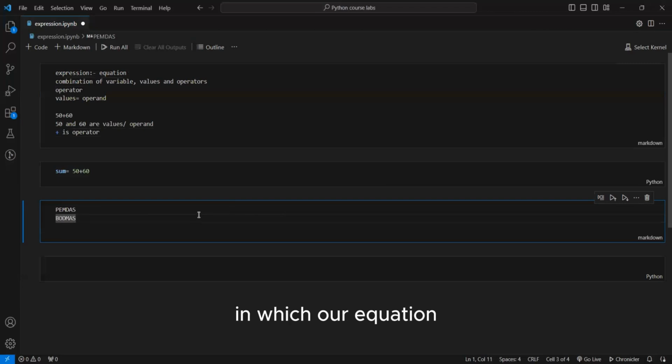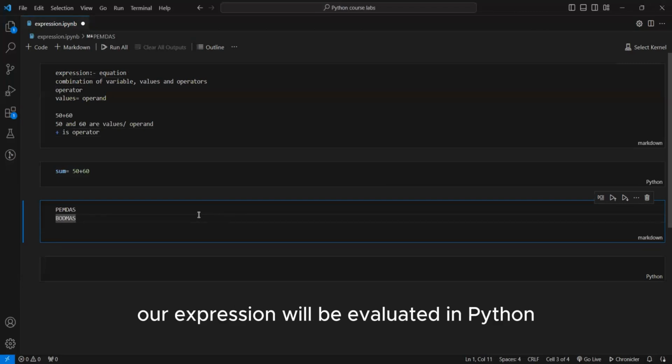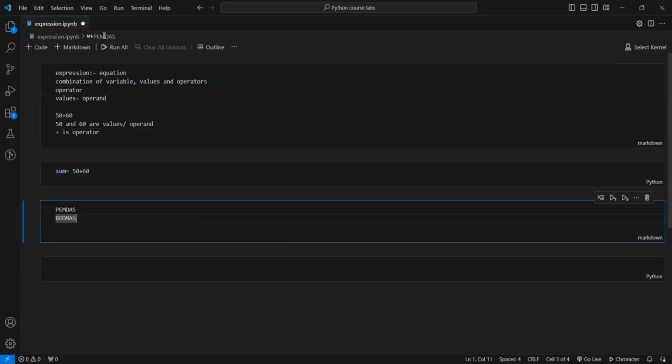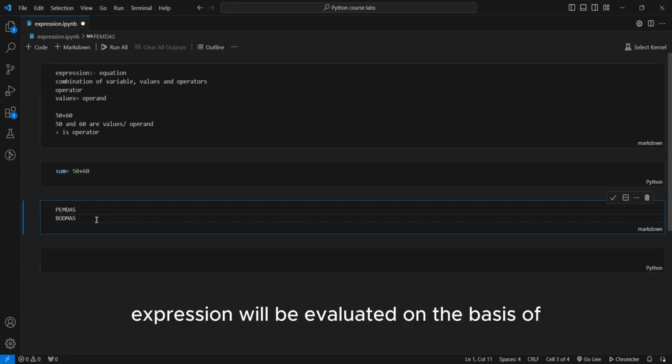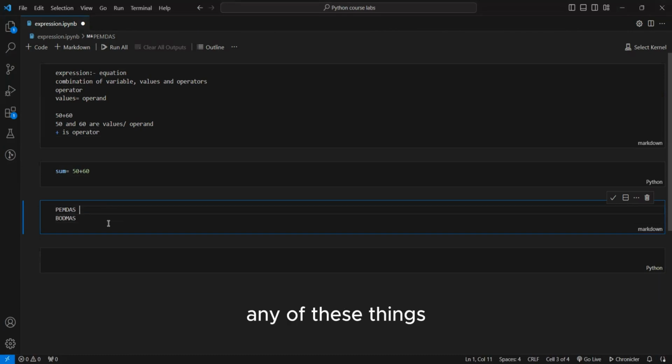These two are the scenarios in which our expression will be evaluated in Python. Any of the scenarios can be followed in Python for evaluating expressions.